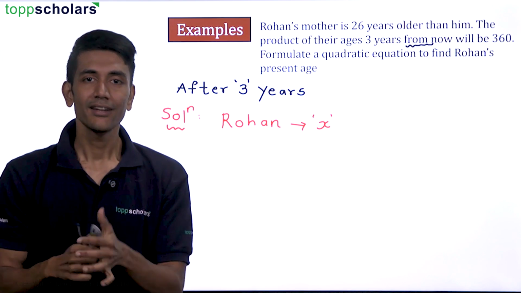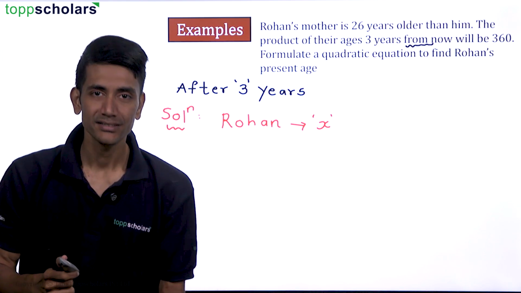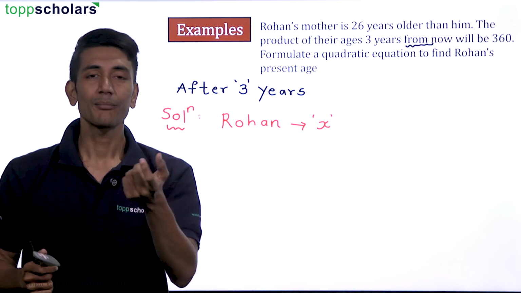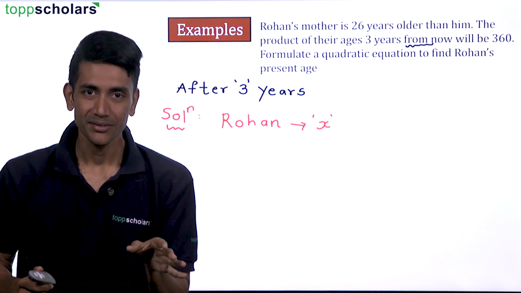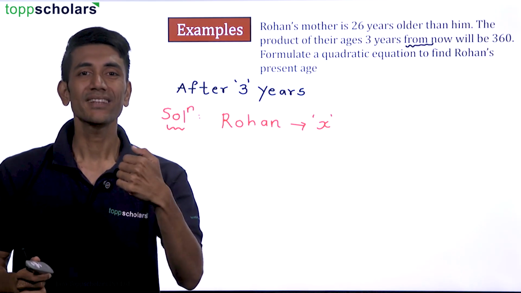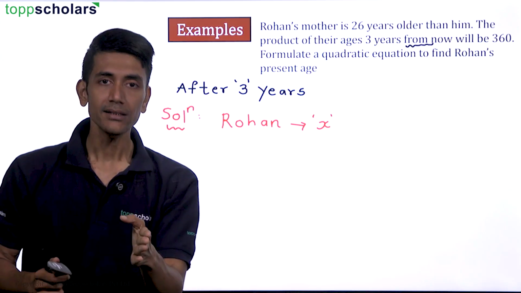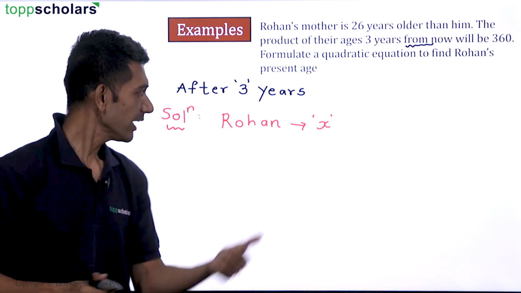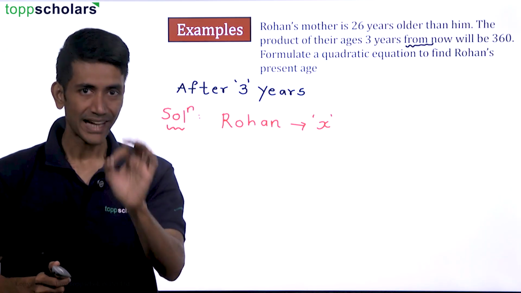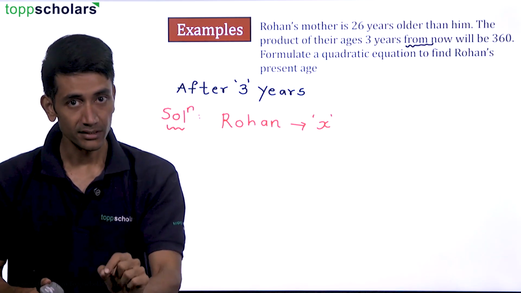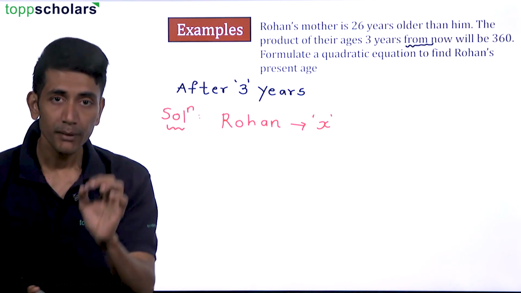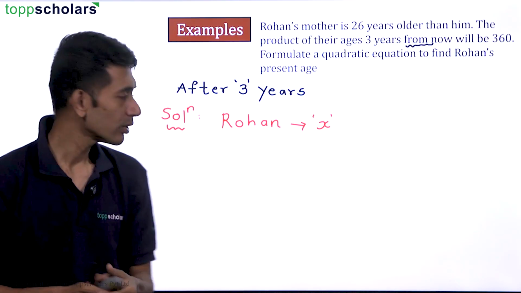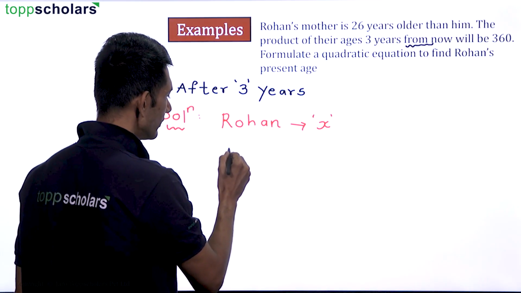His mother is 26 years older than him. So obviously, his mother's age is going to be X plus 26. It's very simple, no? For example, your age is say 10 years and your mother is 26 years older than you. Then your mother's age is going to be 10 plus 26, which is 36. Here we don't know Rohan's age. That is why we have assumed that as X years.